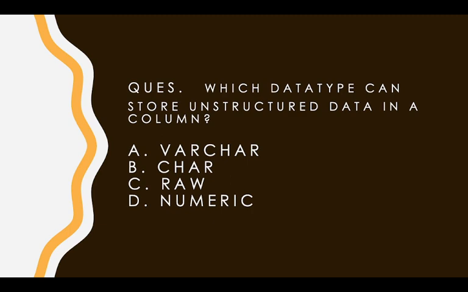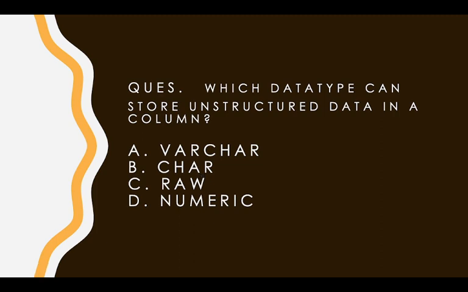Coming to our question number 5, which says which data type can store unstructured data in a column. So we need to find the data type which can store unstructured data in a column. Now we know that char stores character values, right?